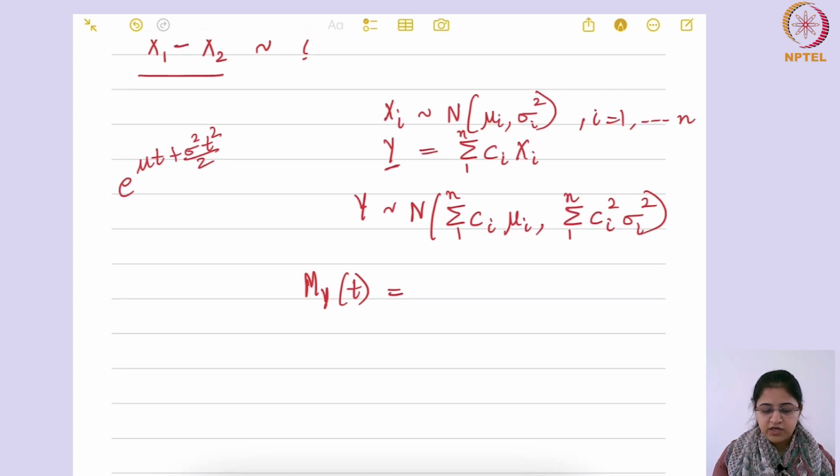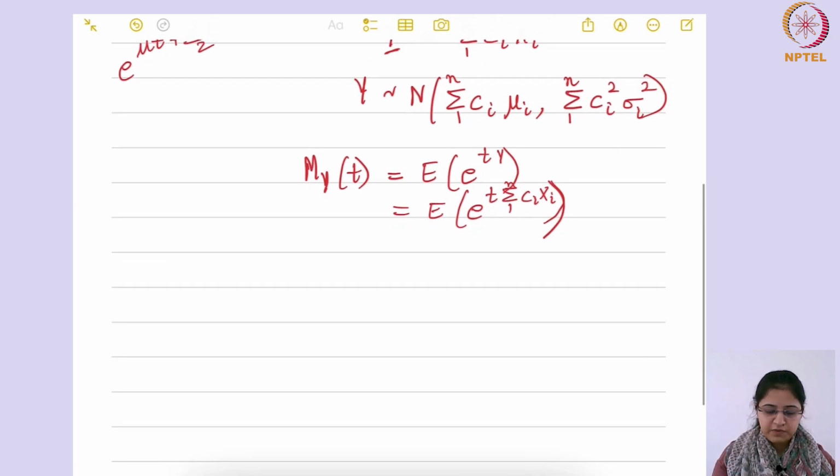So here my moment generating function of y at t would be nothing but expected value of e raised to the power ty, and what is this? E to the t, and y would be summation ci xi, i going from 1 to n.